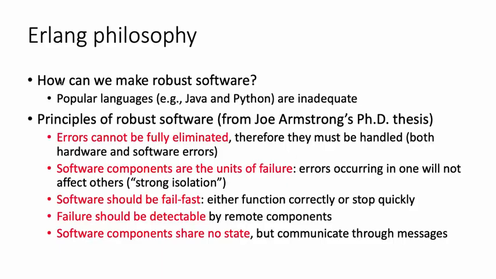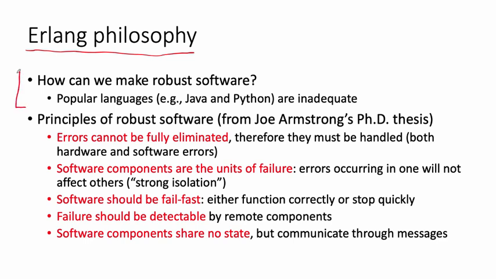Okay, so Erlang provides some programming abstractions for building robust systems. Let me talk a little bit about the Erlang philosophy, because there's a lot of discussion around it, and Erlang programmers are very strong believers in this philosophy. It's very important to understand how Erlang is thinking.